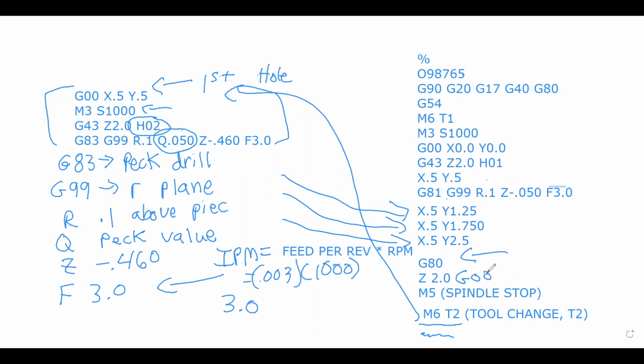It should be a G00 Z 2.0. We will turn off the spindle, and then we will conclude our program with the percent sign. That is going to wrap up a simple drilling program.